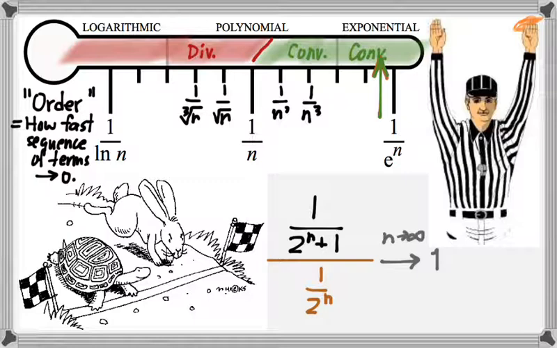Yes, but let's be careful about that. I want to explain why this means something, why this tells us something about the race between these two sequences of terms. It tells us that the speed at which they approach 0 is equal, that they approach 0 with equal order or equal speed. Why?